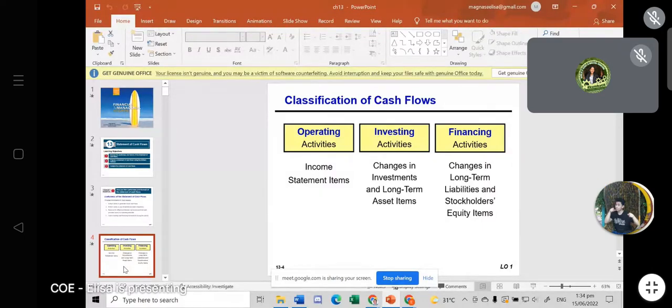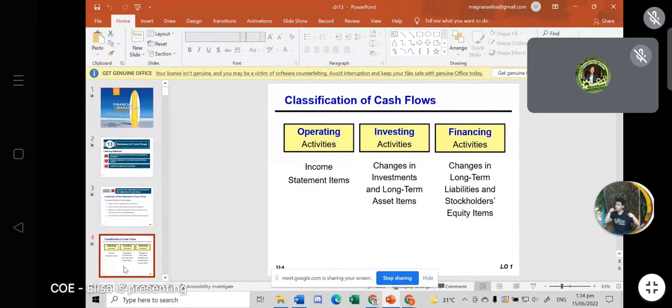In the financing activities naman, you will look into the changes in the long-term liabilities. Remember, sa atong liability, may current liability, may long-term liability, and then owner's equity.